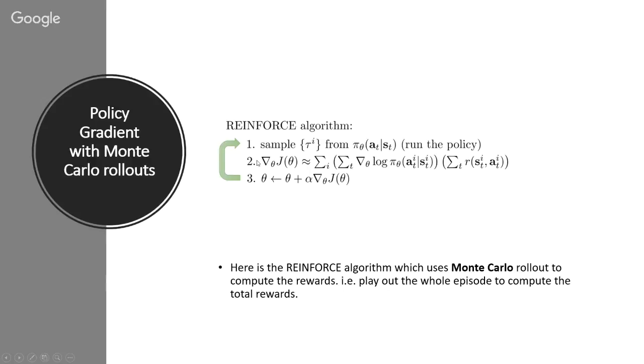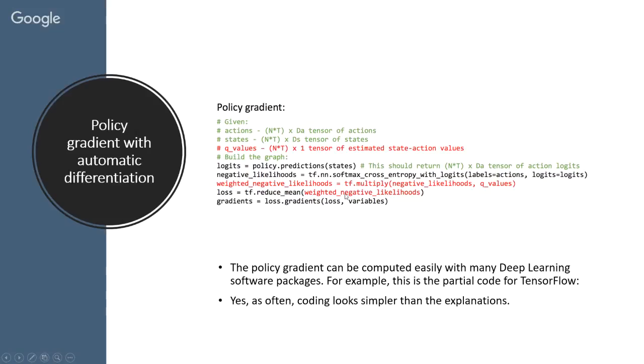So here's policy gradient with Monte Carlo. Here's the REINFORCE algorithm, which uses Monte Carlo rollout to compute the rewards. Play out the whole episode to compute the total rewards, as you can see. Basically, the policy gradient can be computed easily with many deep learning software packages.